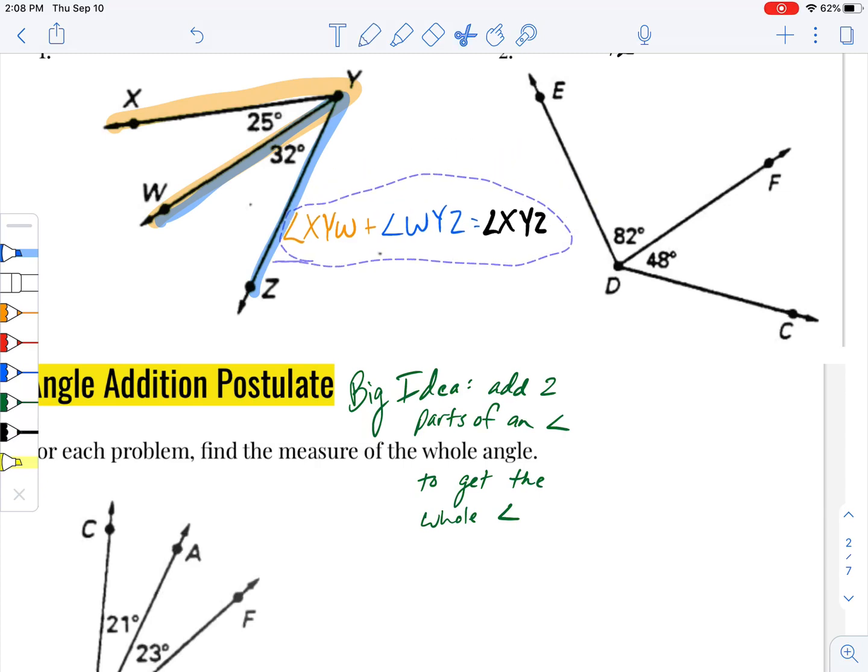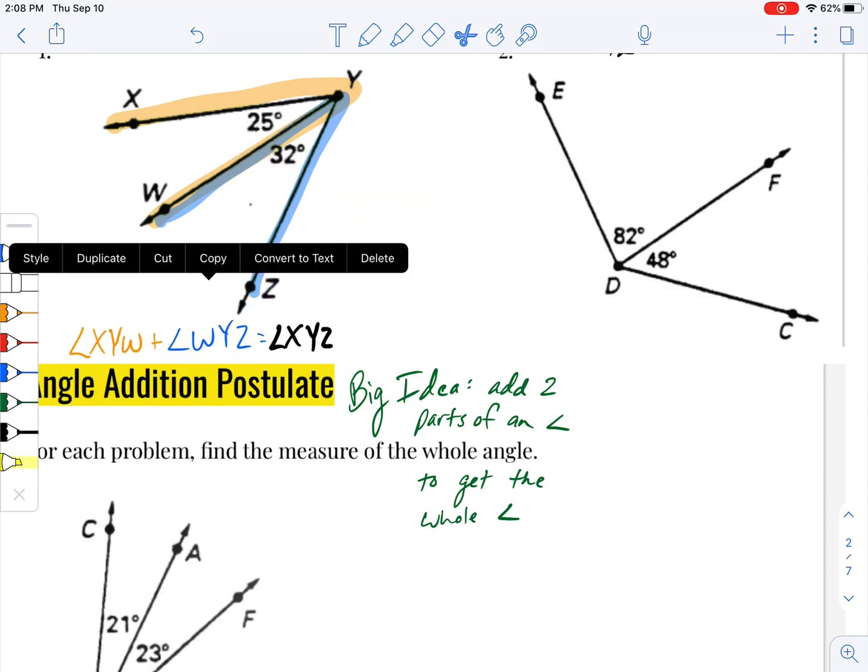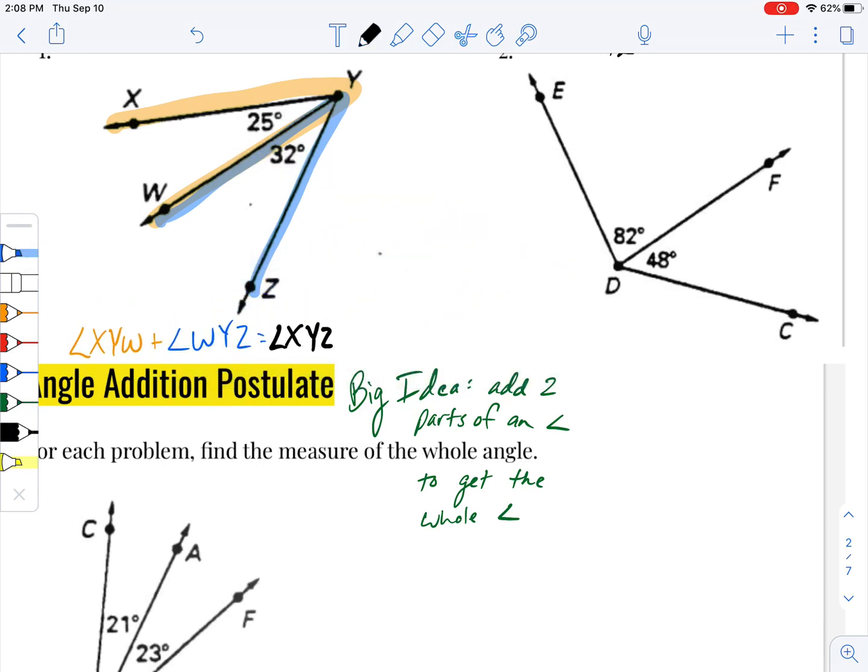Let me move this down a little bit. And then if I want to write that out, I could say 25 plus 32 is going to get my whole angle. So that would be 57 degrees.